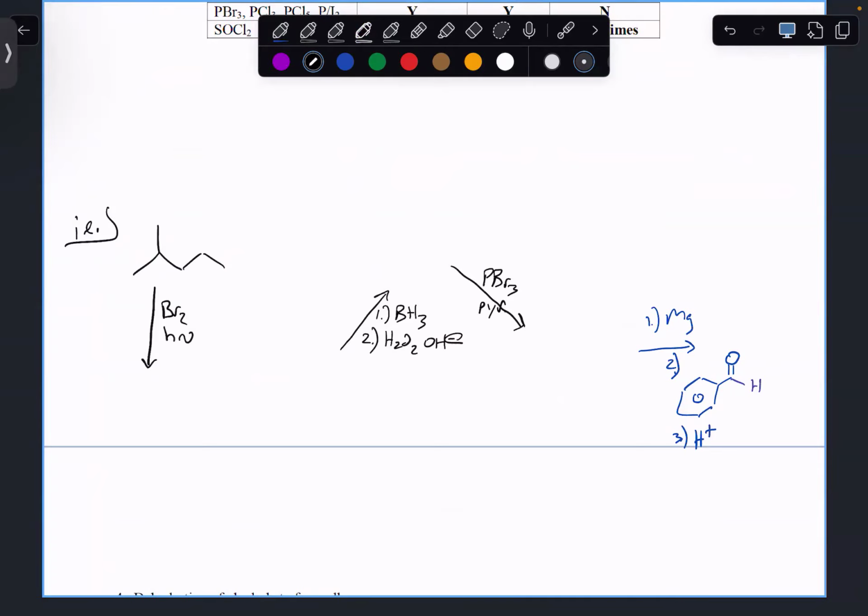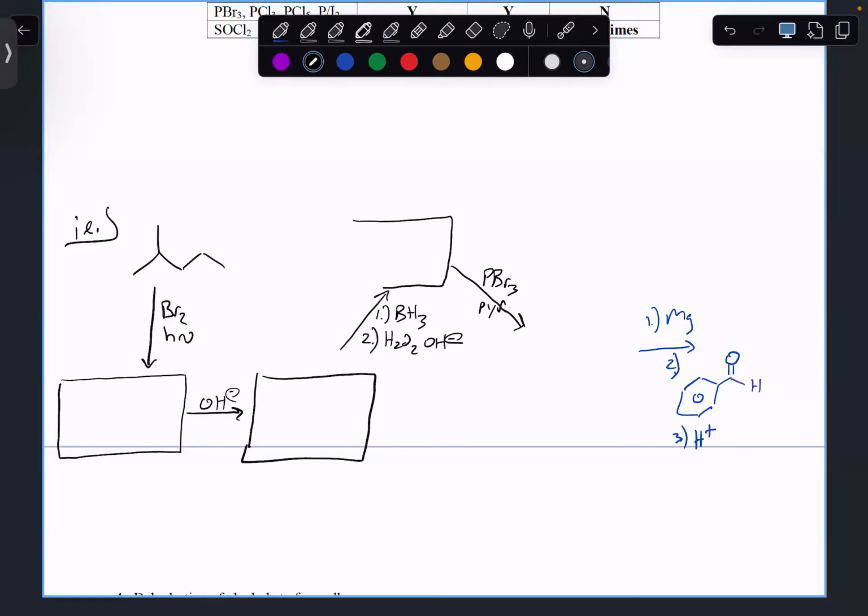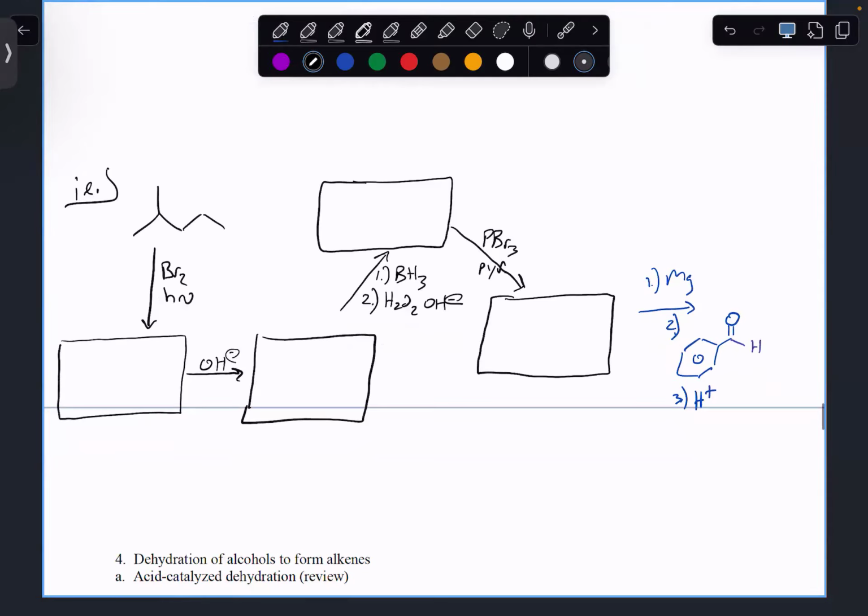So this is kind of like a reaction map. So see what you can do with this. Take a couple minutes and work on this.